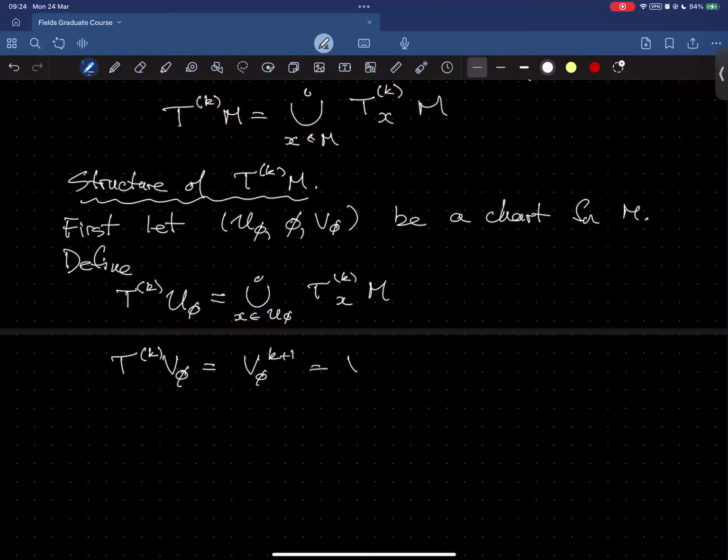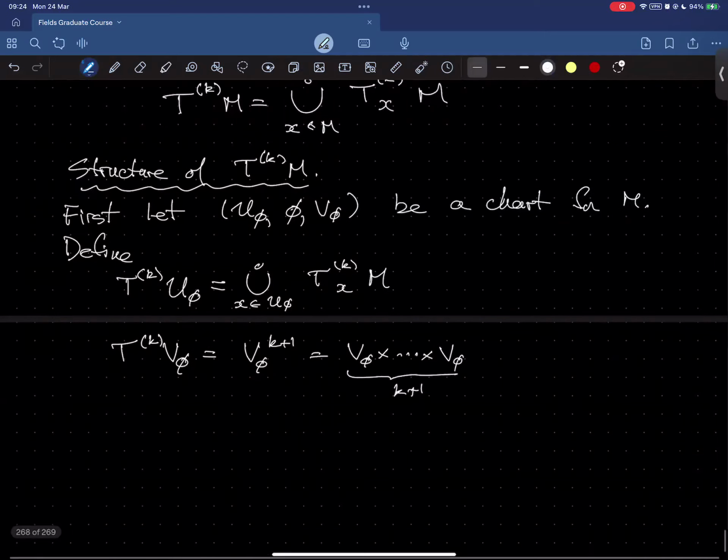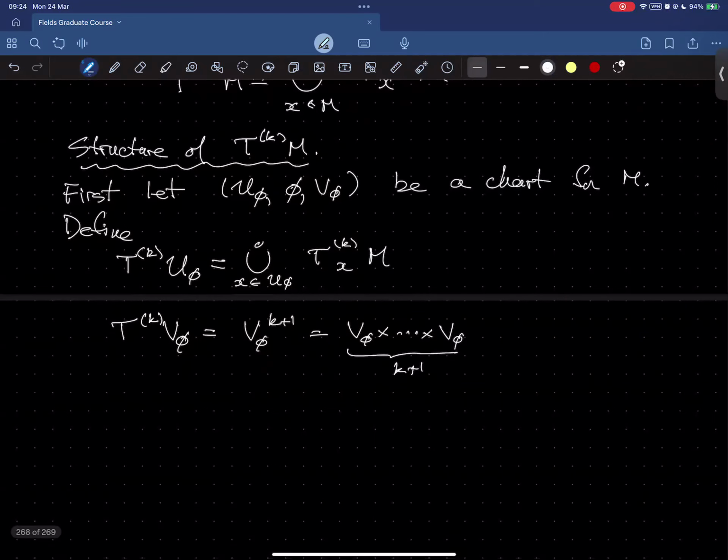This is V_phi cross V_phi, k plus one times. In the case when k is equal to one, the case we've already done, the tangent bundle, this is V_phi cross V_phi. So at least the counting agrees with what we already have.